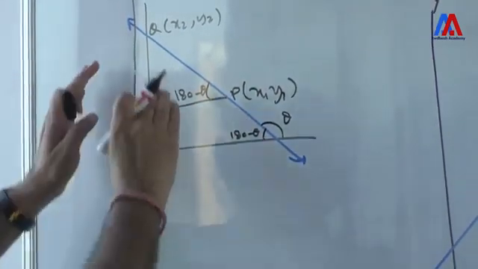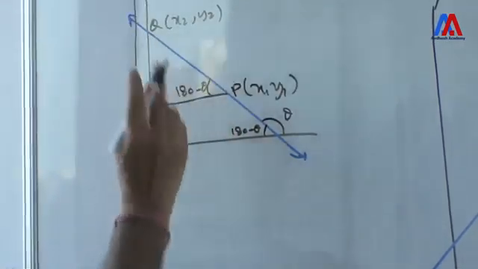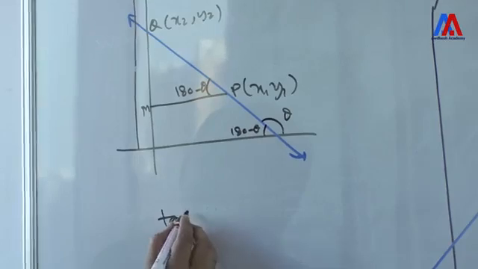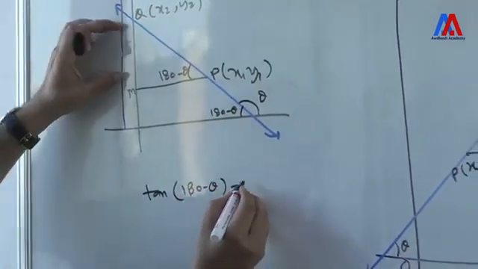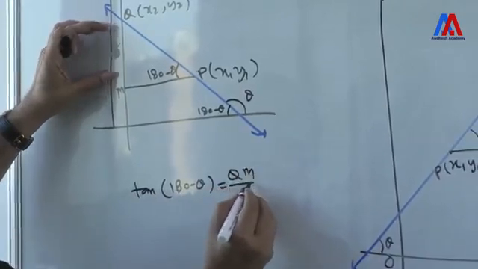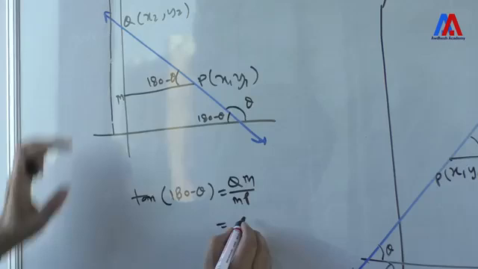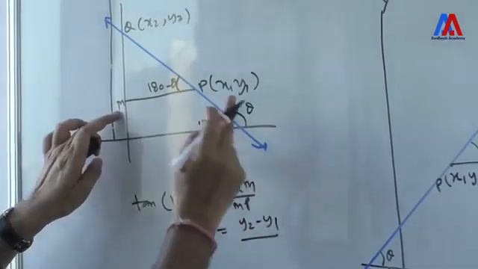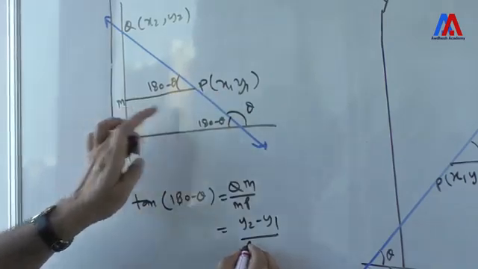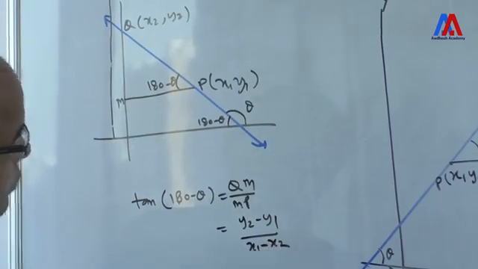So let us find out the tangent of 180 minus theta in this triangle. So we can write here tan(180 minus theta) is equal to QM divided by MP. Now QM is equal to y2 minus y1, while MP will be equal to x1 minus x2 because x1 is more. So this will be x1 minus x2.